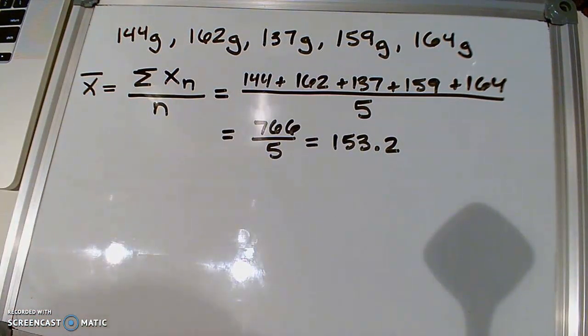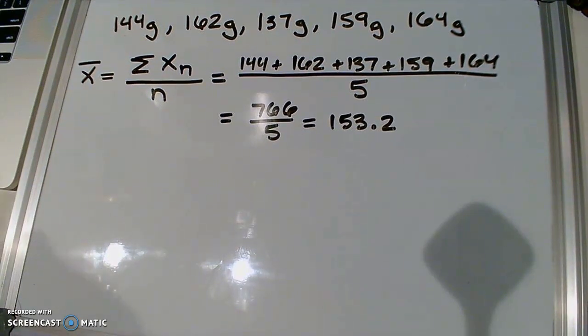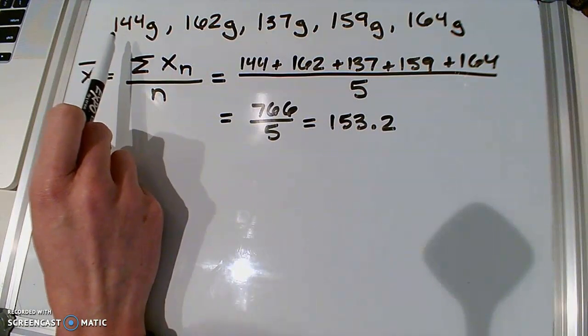We are not going to round this to the appropriate number of sig figs until we have calculated our standard deviation. And the standard deviation is basically, where are these numbers changing? How much of a change? So standard deviation is looking at the precision of these values.